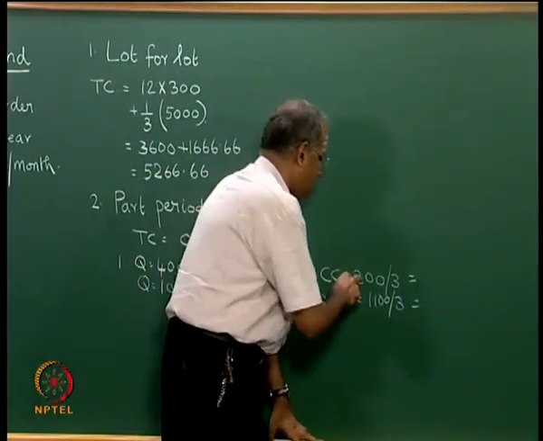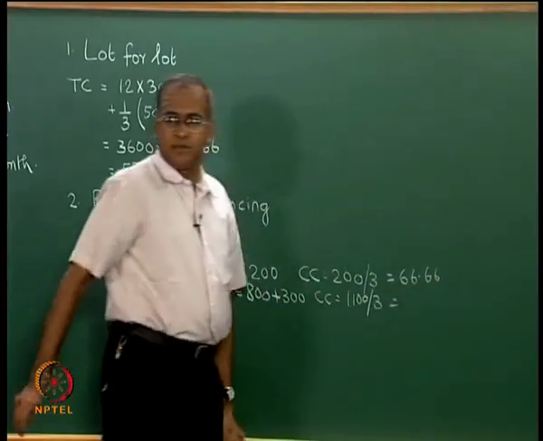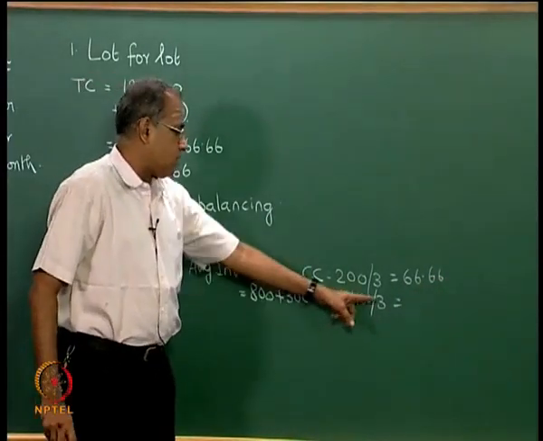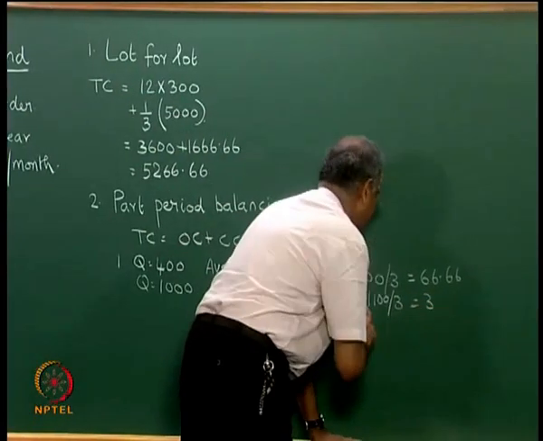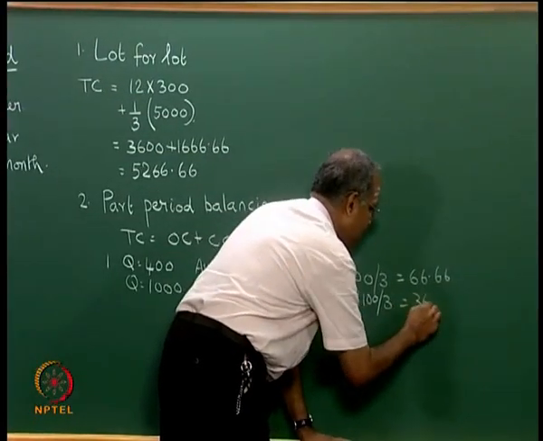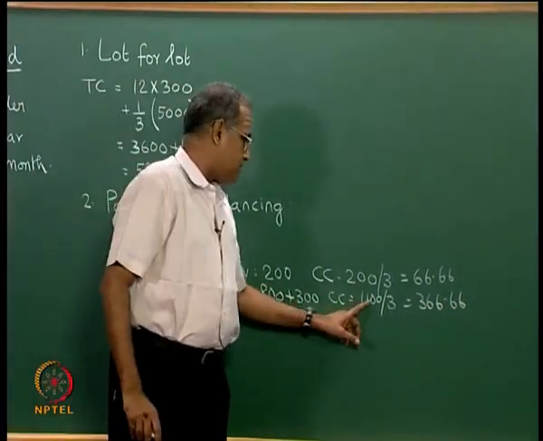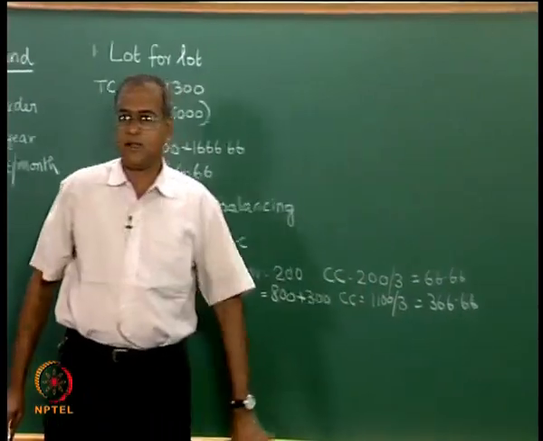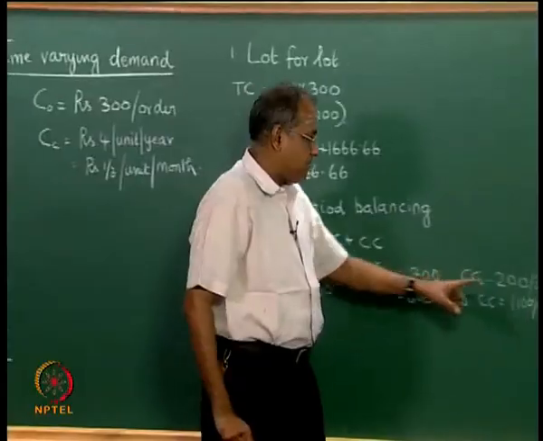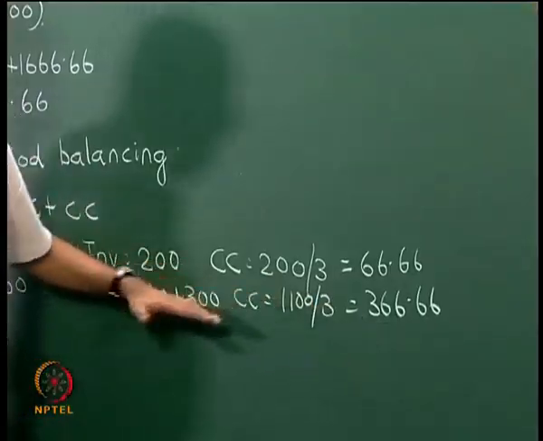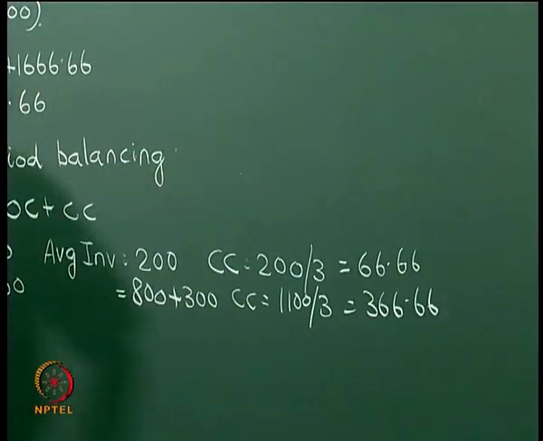So here 200 divided by 3 is 66.66, and 1100 divided by 3 is 366.66. Now right here we observe that the carrying cost of bringing these two together is exceeding the order cost of 300.